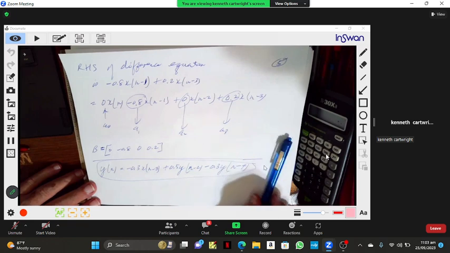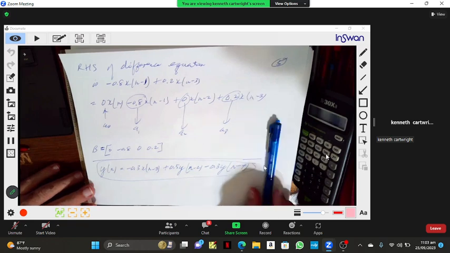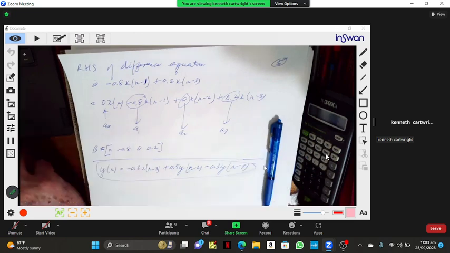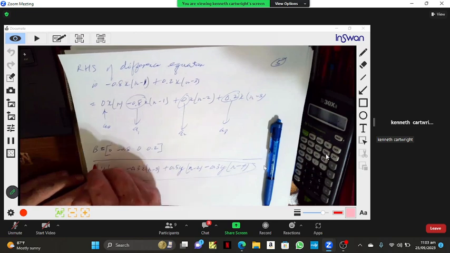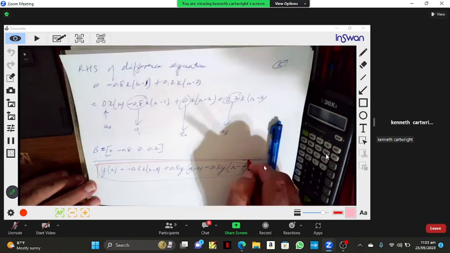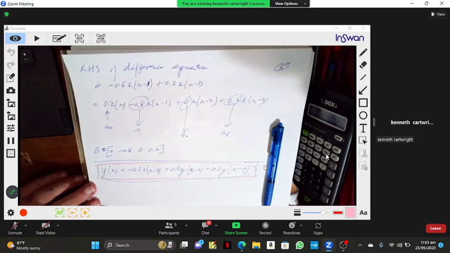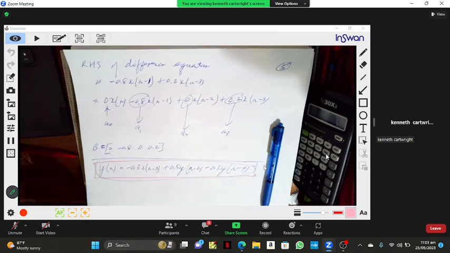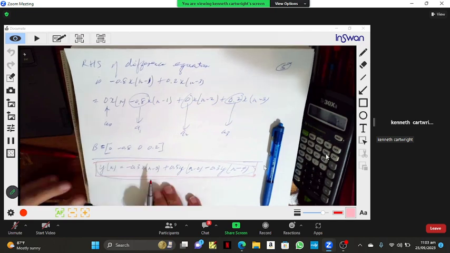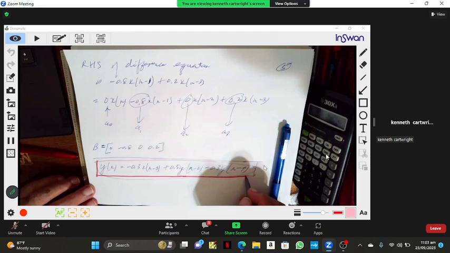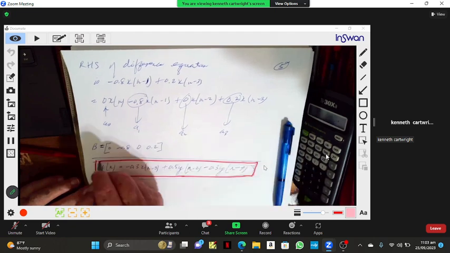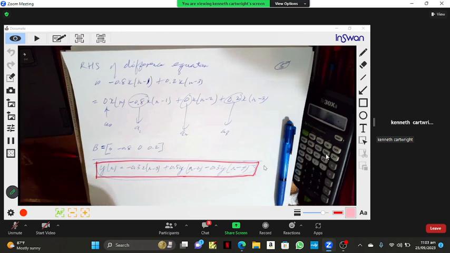Send it by email. I mean, draw this equation. I think I said circuit. Draw this equation.